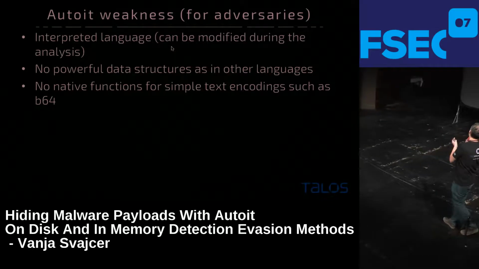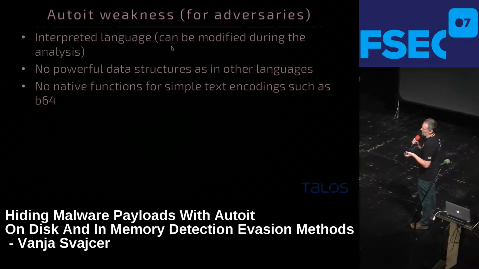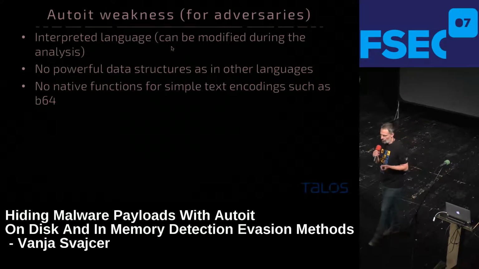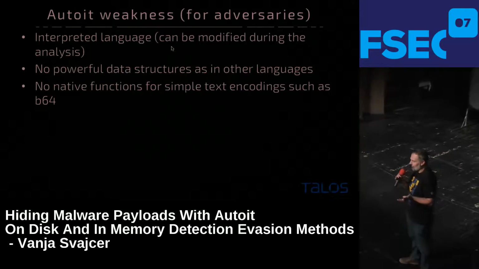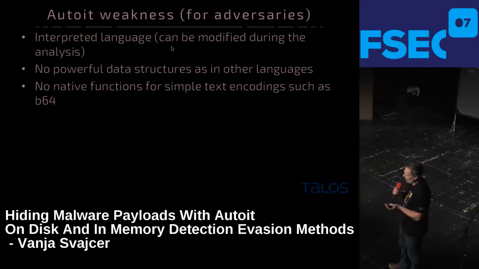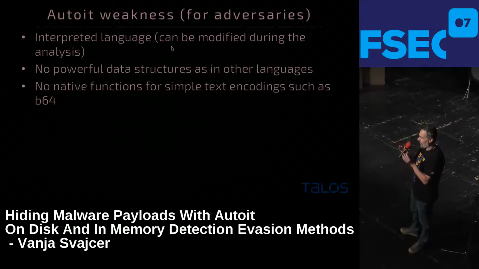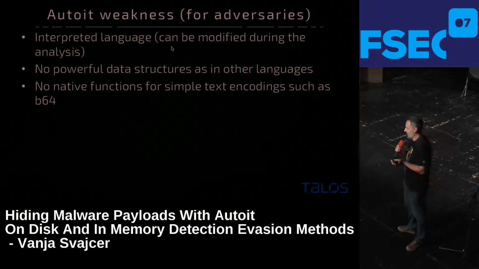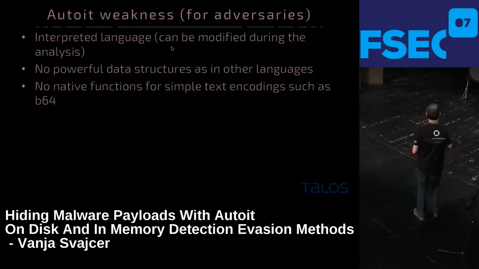It also has some weaknesses from the malware writing point of view. It's an interpreted language. So when you have a script, you can read the code and modify it the way it suits you. For example, if there's an encrypted file embedded in the script, you could easily change the script so it simply dumps the file to disk, and then you can analyze it as a PE file.